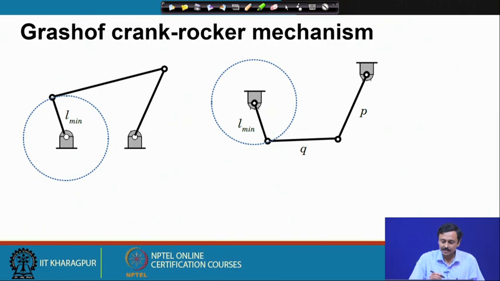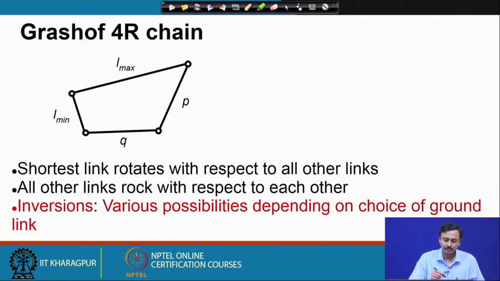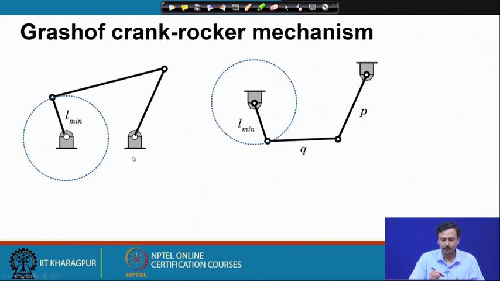So, when I fix one of these links, it was Q. So, if I have fixed Q here, L min can rotate completely as I have shown, and this can rock, this can rock. This can only rock. This mechanism is called the Grashof crank rocker mechanism.